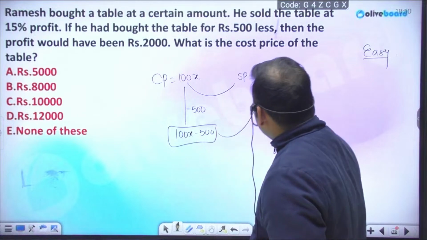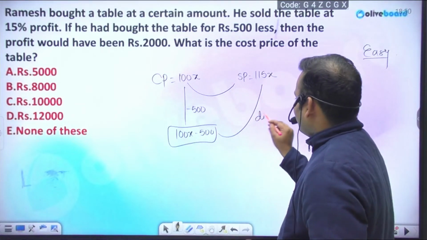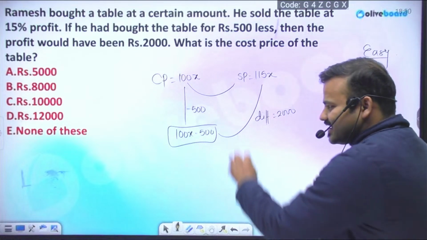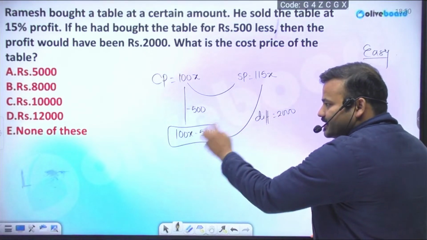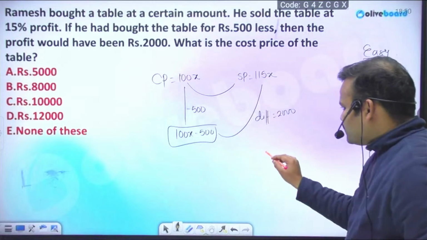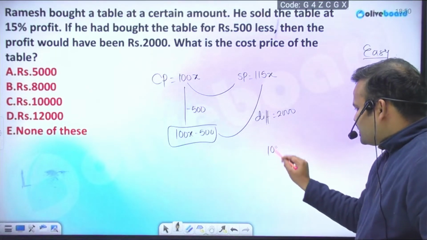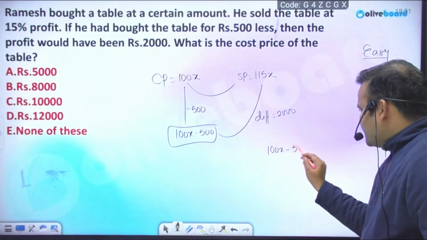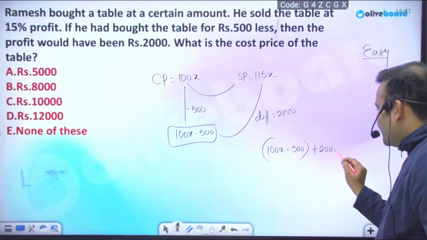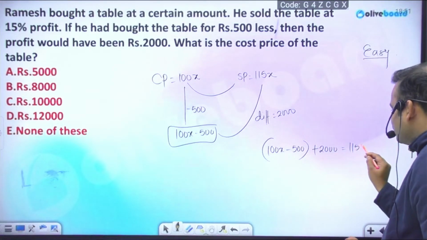Now the difference is 2000. The selling price is the same, so this difference is 2000. So what we can say is 100x minus 500 is the cost price. If you add 2000 rupees, you will be getting 115x.